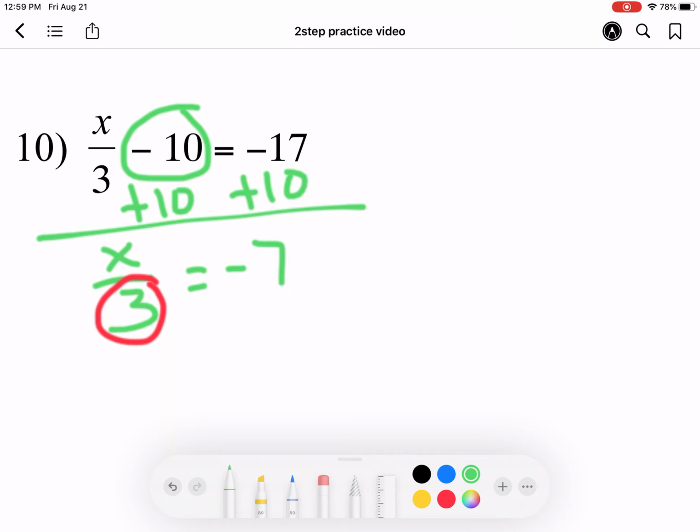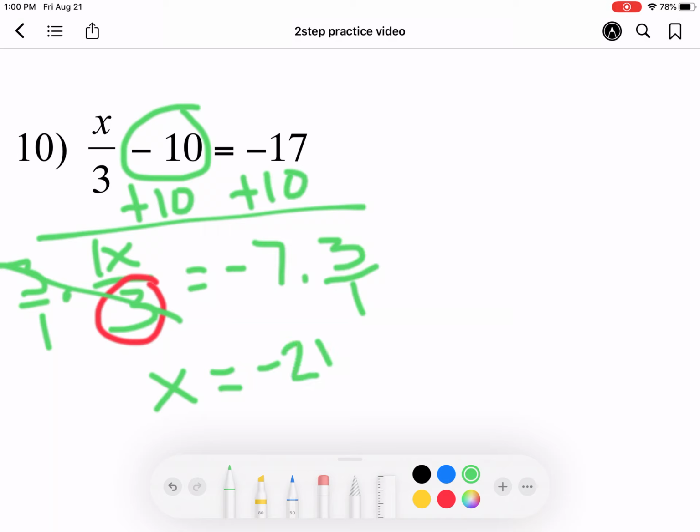Well, the reciprocal of 1/3 is 3 over 1, which we would multiply by. So these two cancel each other out. So I'm left with x is equal to negative 7 times 3. A negative times a positive is a negative, negative 21.